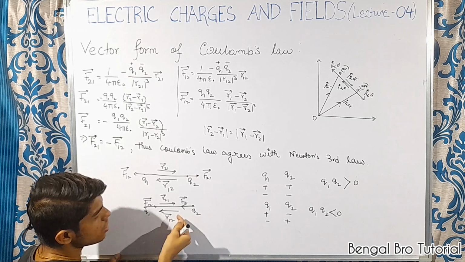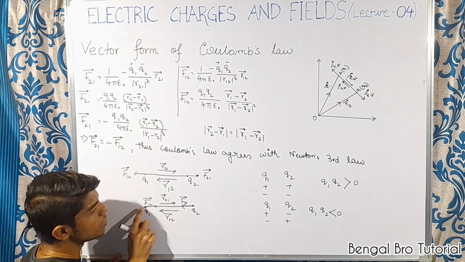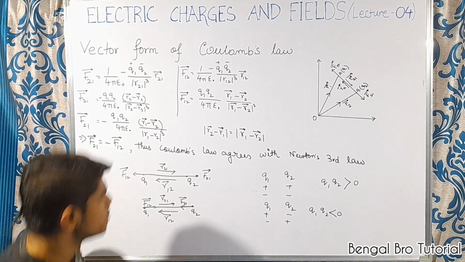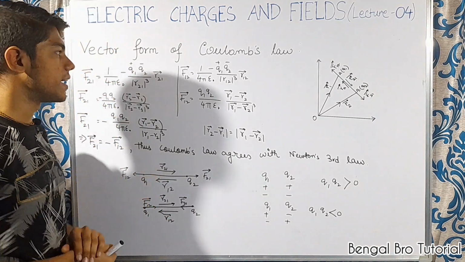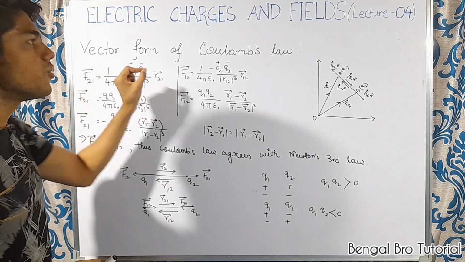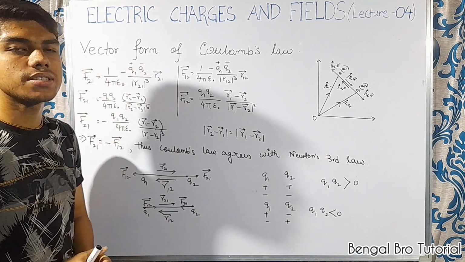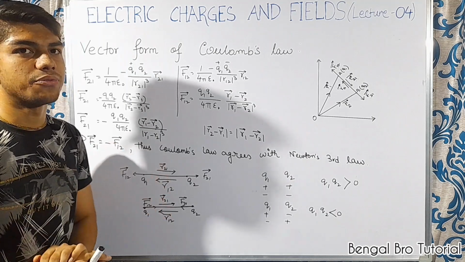If this is the direction of R12, then F12 will be opposite to the direction of R12. So you can easily see that the expression for the vector form of Coulomb's law is applicable for any kind of charges, whether positive or negative.